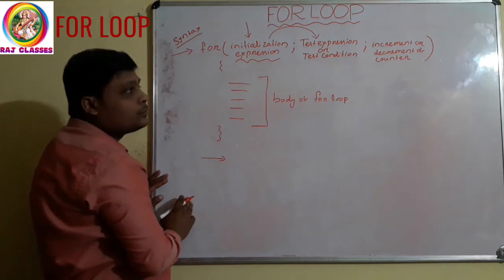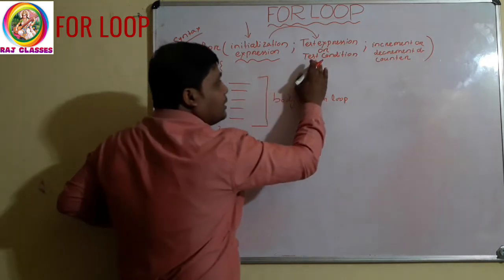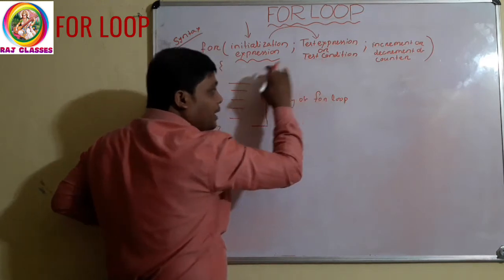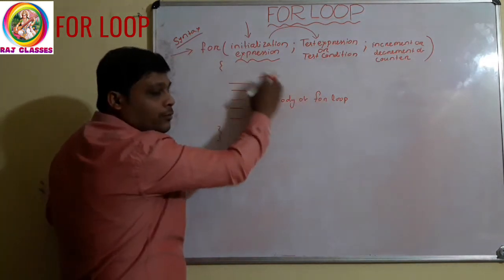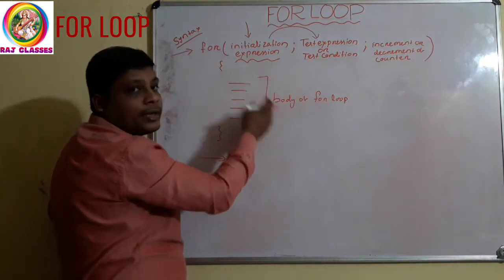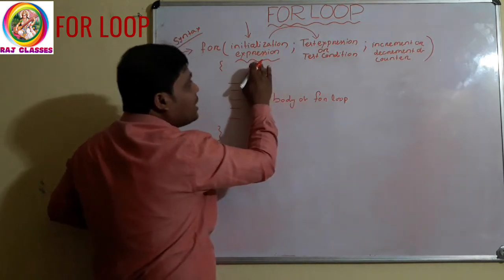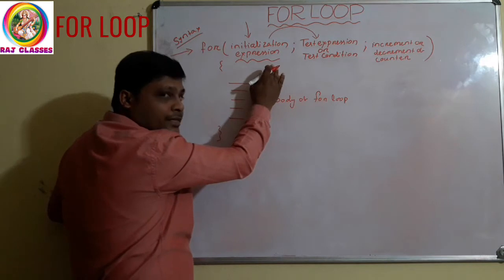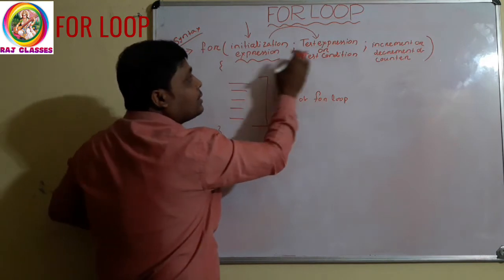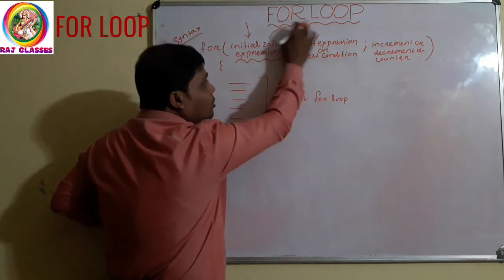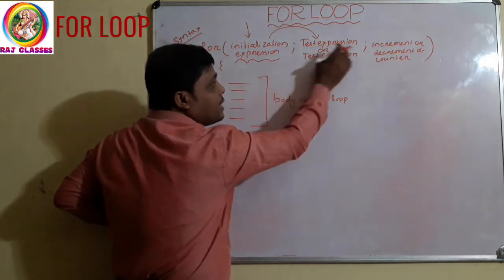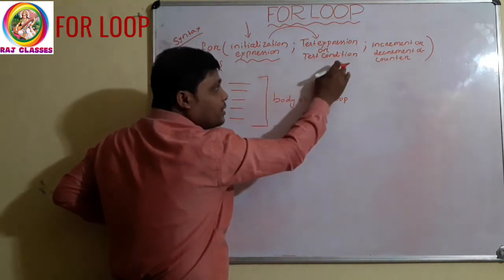Clear? Till the condition is true, it will execute the body of for loop again and again. Now see, first it will initialize the counter, then control will go to the test expression or condition part. It will check the condition.